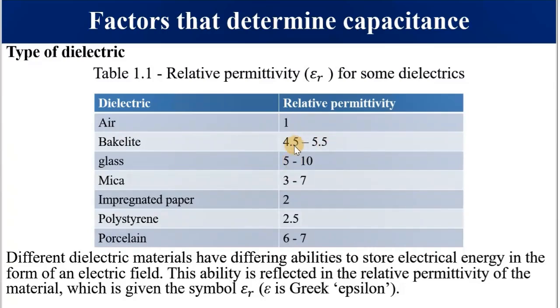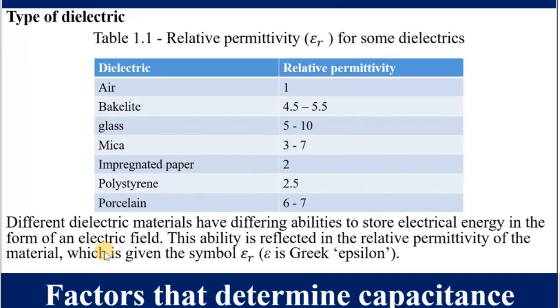Bakelite has a range of 4.5 to 5.5, and we are saying the higher the permittivity of the dielectric used, the higher the capacitance. You'll see when we state the formula for calculating capacitance. So different dielectric materials, as shown on table 1.1, have different abilities to store electrical energy in the form of an electric field, and it is represented by the symbol epsilon r, and epsilon is a Greek letter.